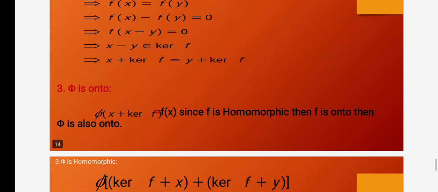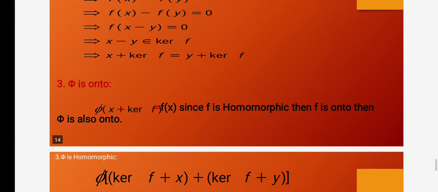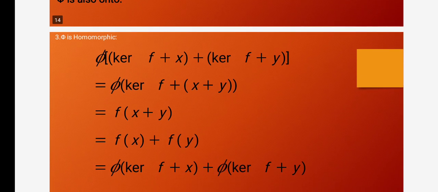Then phi is onto: phi of x plus kernel f equals f of x. Since f is onto, it also shows that phi is onto. Then last, we have to show that phi is a homomorphism. We consider phi of (kernel f plus x) plus (kernel f plus y).